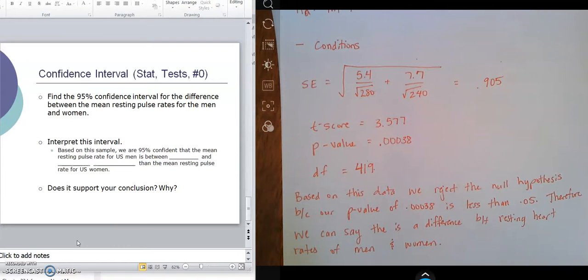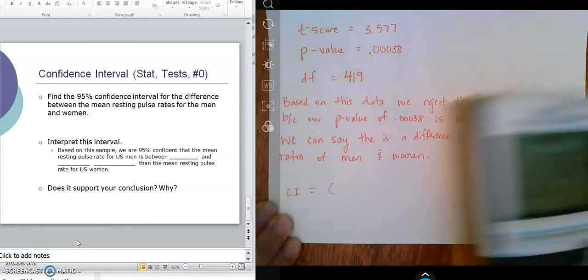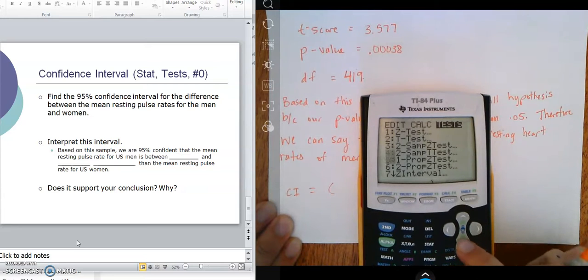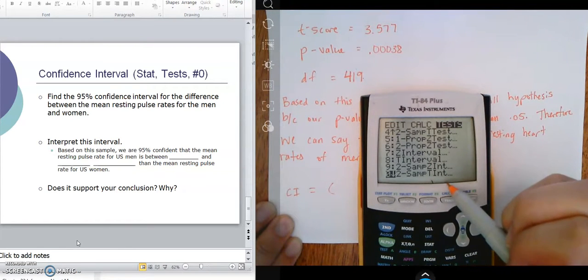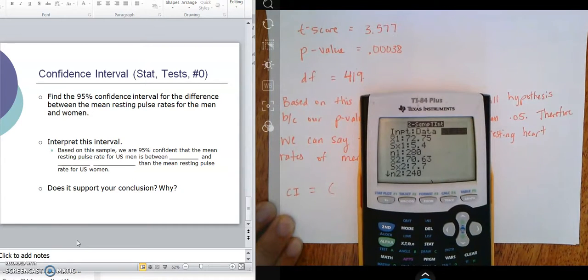If I wanted to do the exact same thing with a confidence interval, this one wants the 95. So I want confidence interval. This time I'm going to do stat test down to 0. 0 says 2 sample t interval. Remember, interval gets you the confidence interval. Test gets you the p-value. Still using stats.